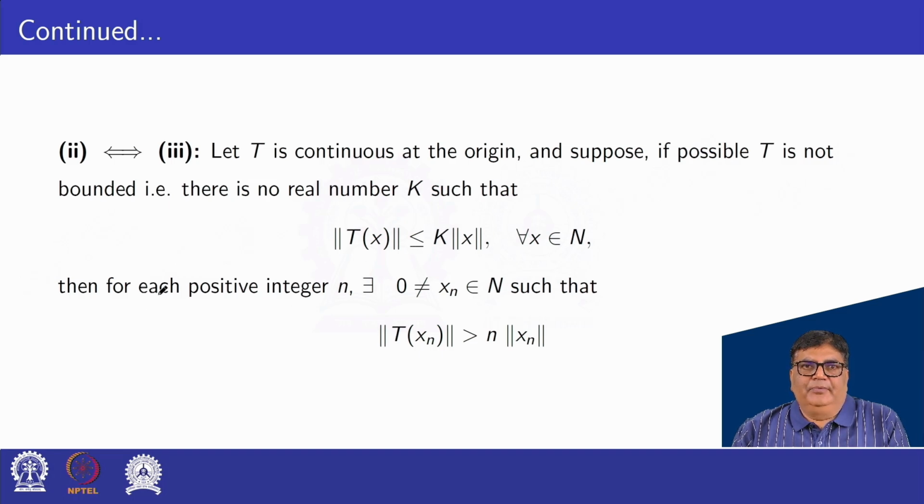Suppose for each positive integer n, there exists xn belonging to N, xn not equal to 0, such that norm Txn is greater than n norm xn, because T is not bounded.